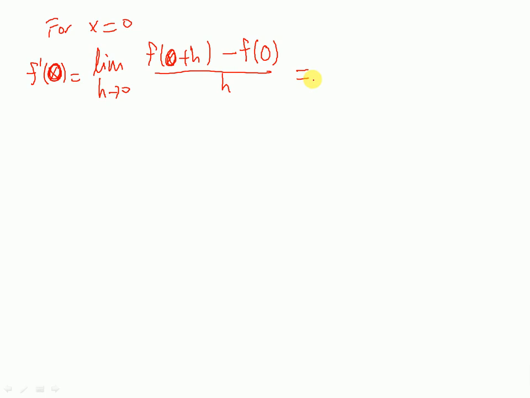Now f of 0 plus h is just f of h, so we plug in h in the place of x, which is the absolute value of h, minus f of 0, which is just 0, and then over h.